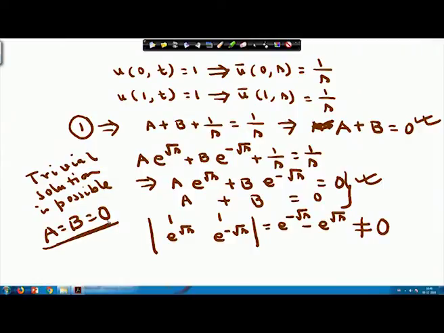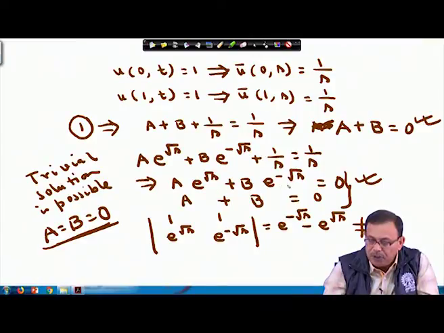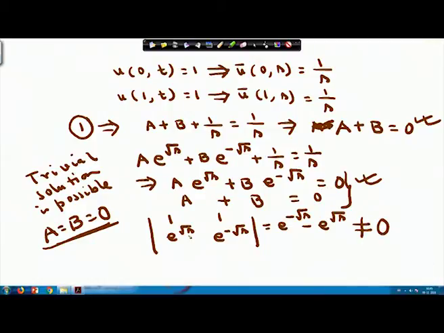So, please note that whenever I have to solve these two equations, if I take the determinant of the coefficients, with a plus b equals 0 as the first equation, and a e power root s plus b e power minus root s equals 0 as the second equation, the determinant is 1 1, e power root s, e power minus root s, and I am finding that this is not equal to 0.